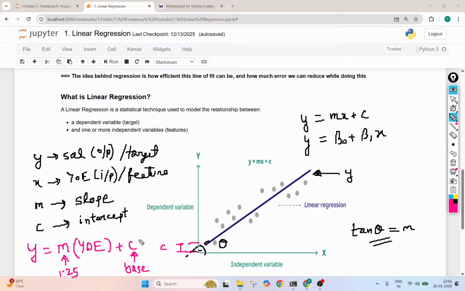That is the base salary. And with every increment in your years of experience, your salary also increases by 1.25 times. The base remains the same, but your salary increases by 1.25 times. So this, my friend, is your linear regression line, right? And I hope this is absolutely clear, right? So this was all about the geometric intuition of linear regression.